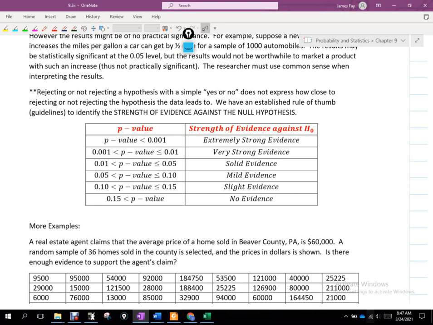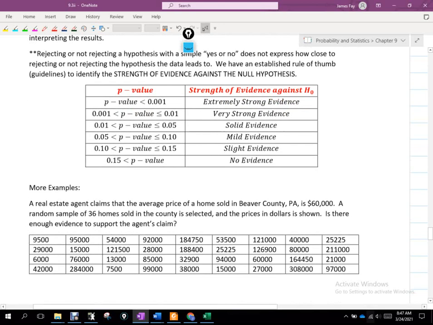But I think this is added information that is important for us to realize, that we could reject a null hypothesis simply because we're just a smidge over the critical value, and that really doesn't lead you to a true or practical use of that study. I just think that's important for us to realize. And that's taken into account here with this information.